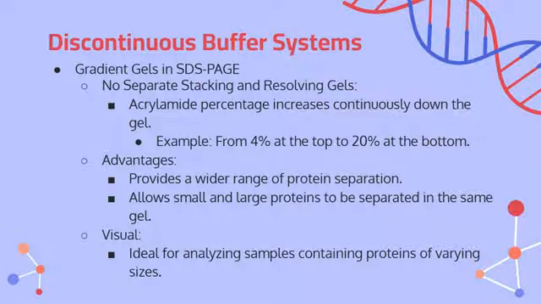So it starts from 4% and moves to 20% at the bottom. Some advantages of this are it provides a wider range of protein separation, and it allows small and large proteins to be separated at the same time. It is ideal for analyzing samples containing proteins of various sizes.